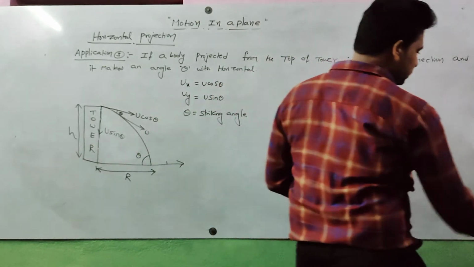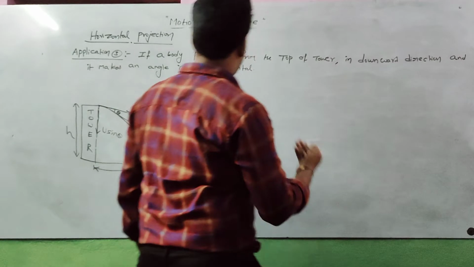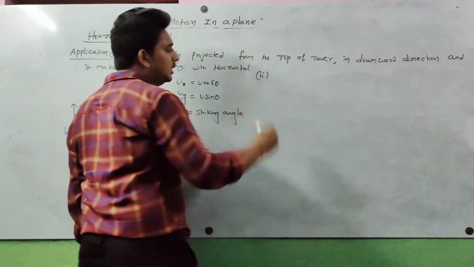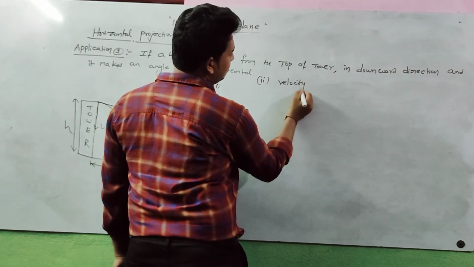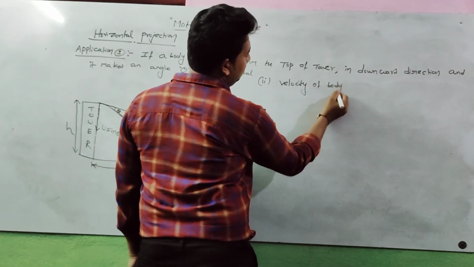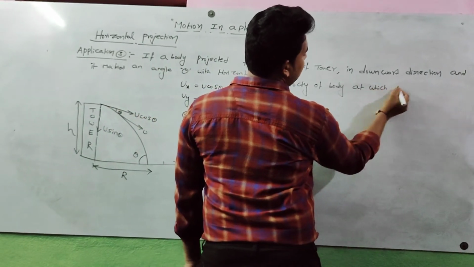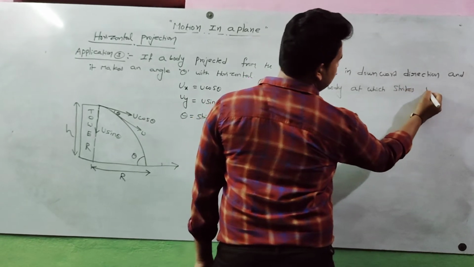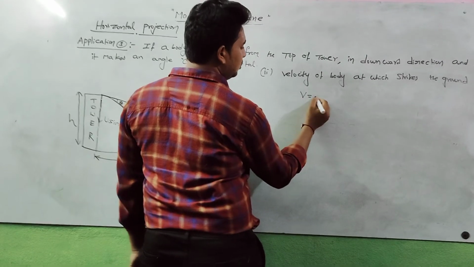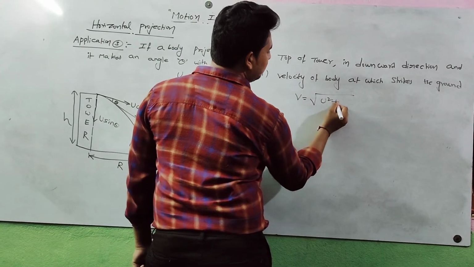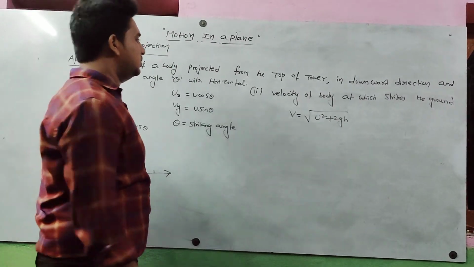Here the second point is the velocity of the body at which it strikes the ground. v is equal to square root of u square plus 2gh only. So this is very important.